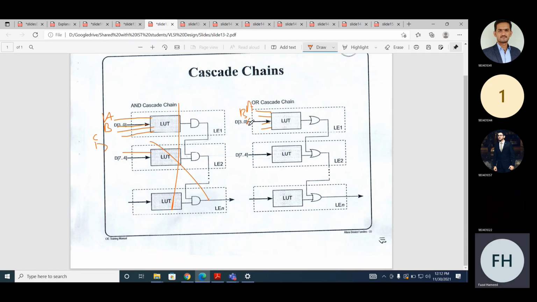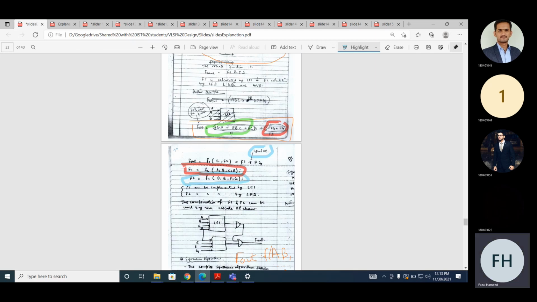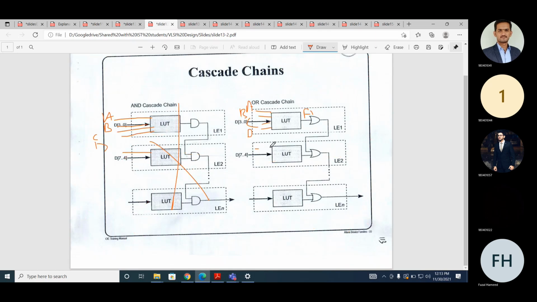A, B, C, and D, and the output is F1. And if you look at here, F2 is a function of D, E, F, G, and this is F2, and this one is F1 or F2, and this is equal to F out.